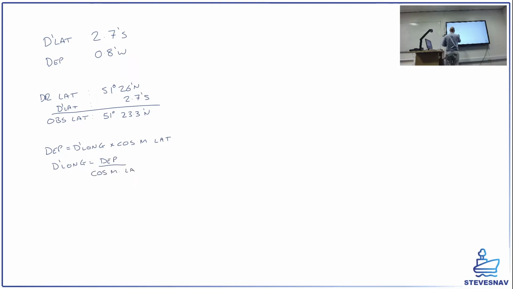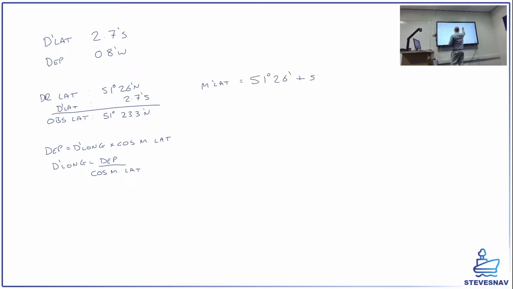Well, where do I get a mean lat from? Well, if I add 51 degrees 26 to 51 degrees 23.3 and divide it by 2, that will give me a mean latitude, which is going to be 51 degrees 24.6.